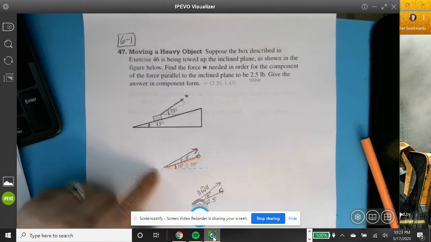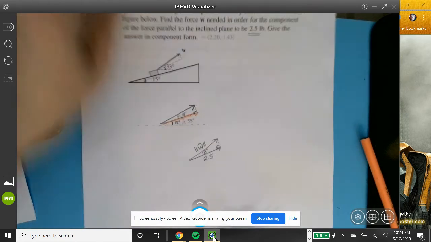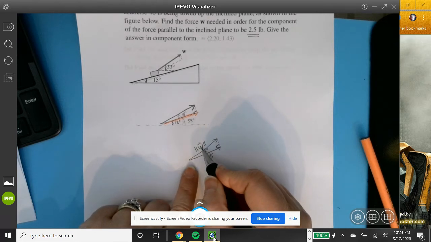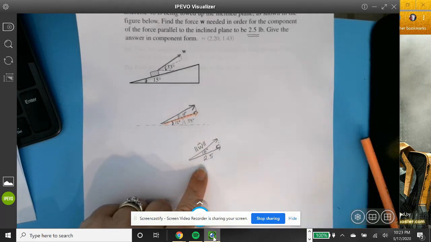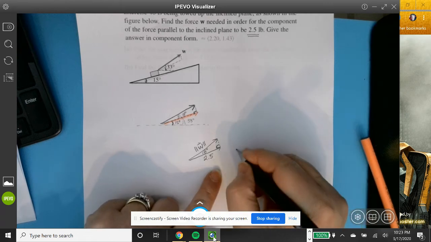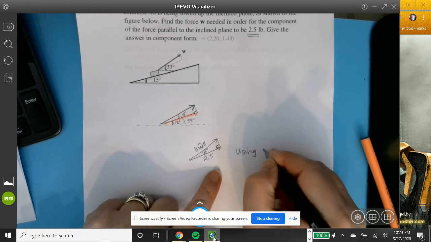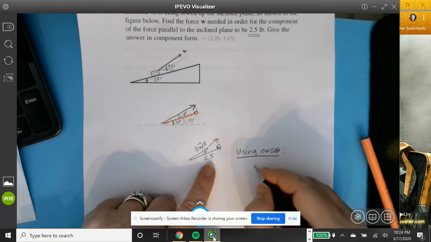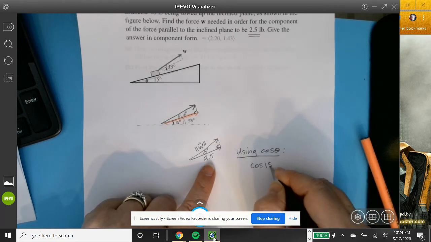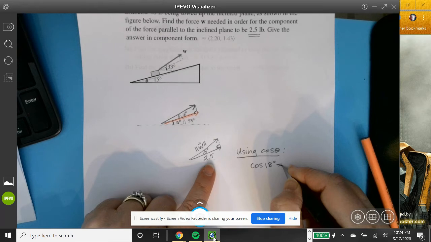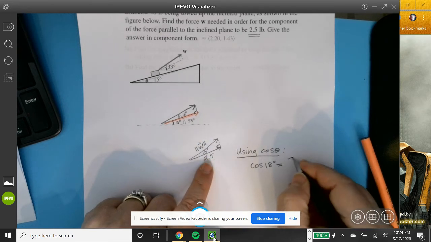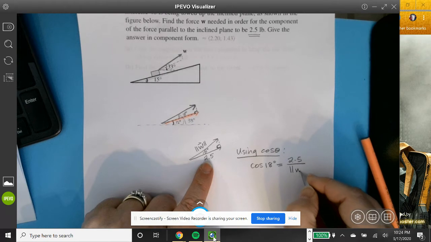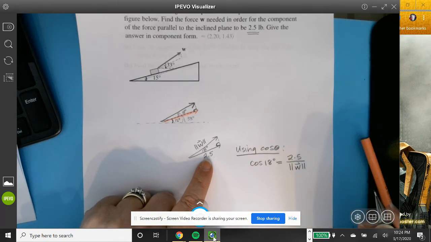So if I know that this is a right angle, well, guess what? This W happens to be the hypotenuse, and this is the adjacent. So I can say using cosine theta, well, what is theta? Theta is 18. So I can say cosine of 18 degrees is going to equal 2.5, which is the adjacent, over the magnitude of W, which is what I'm after, right?